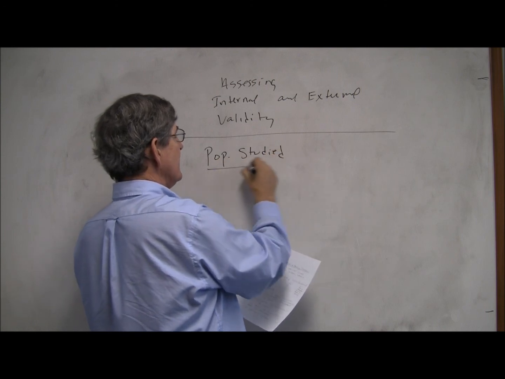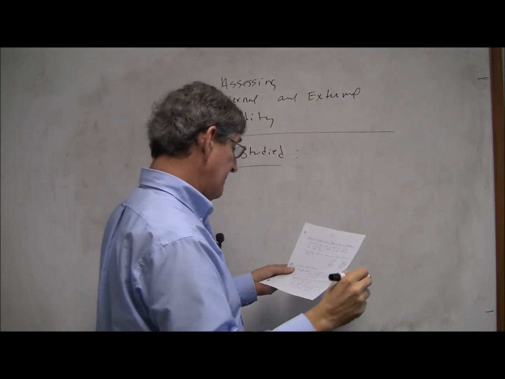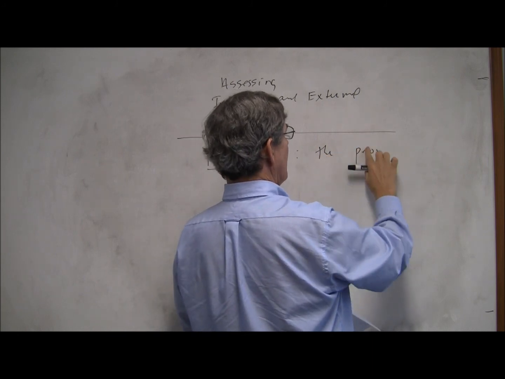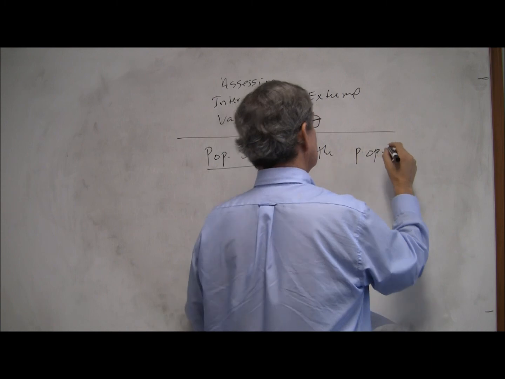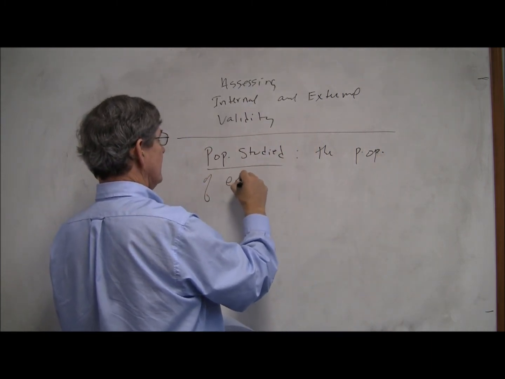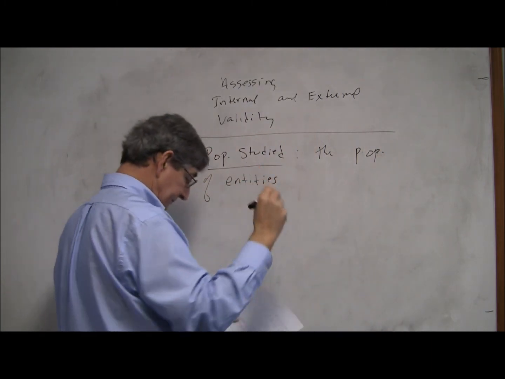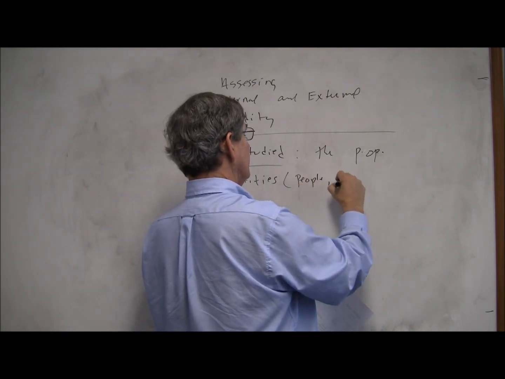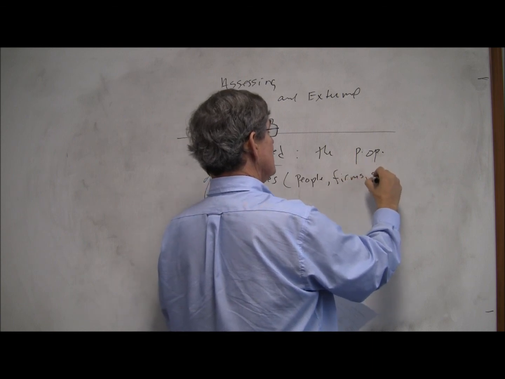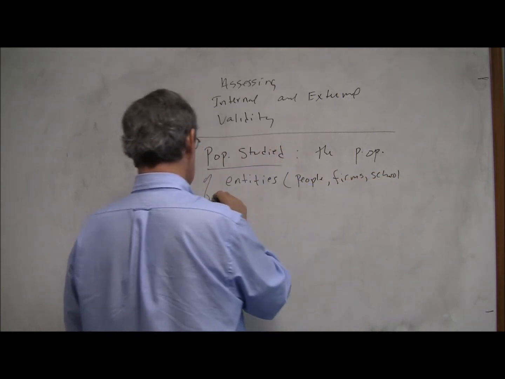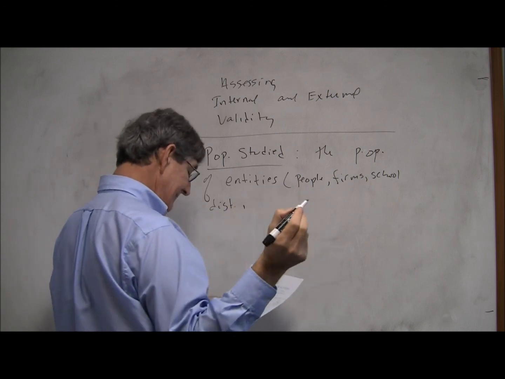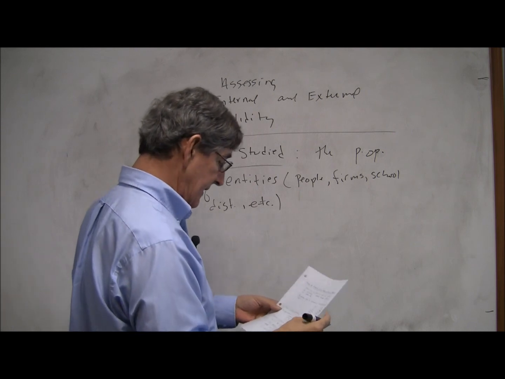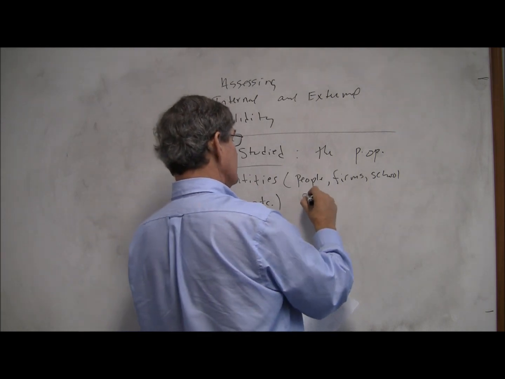First of all is the population studied, and that's just the population of entities: people, firms, school districts, to use one of our examples, and so on, whatever the population we're studying is, from which the sample is drawn.